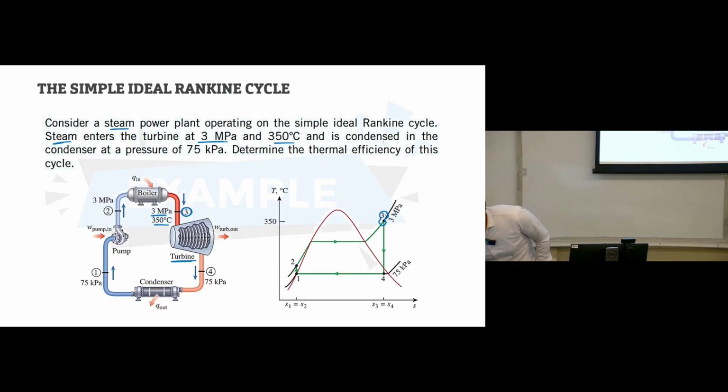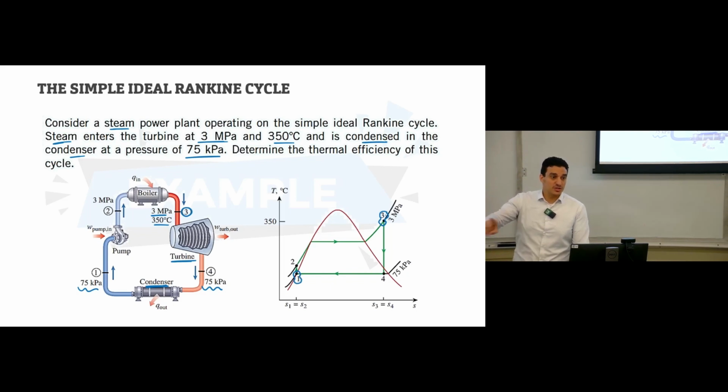Then it says the steam is condensed in the condenser at a pressure of 75 kilopascal. So this is the condenser, the inlet to the condenser, and the outlet of the condenser at 75 kilopascal. So I know the pressure at points 1 and 2. This is very important for point number 1 because point number 1 is saturated liquid.